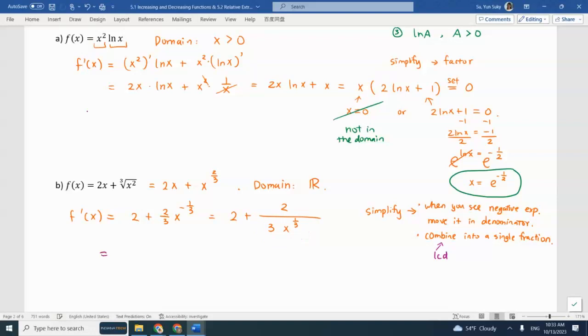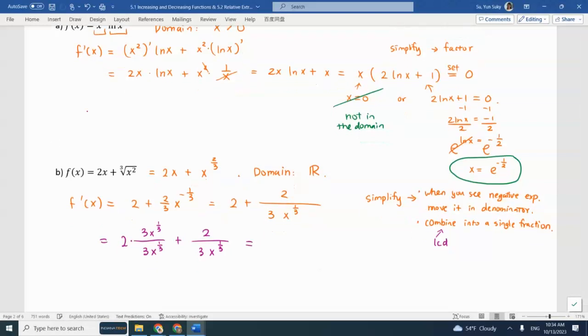So we need to multiply the first term by that least common denominator. Then we just need to add the numerators. The first term, I got 2 times 3x to the 1/3, plus 2.